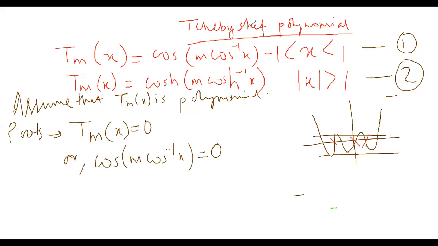See, these are the roots. And all these lie between +1 and -1. So it is -1, this is +1, right? So roots lie within the range of x from -1 to +1, and that is given by equation number 1, and that is why we are using equation number 1 for finding the roots.